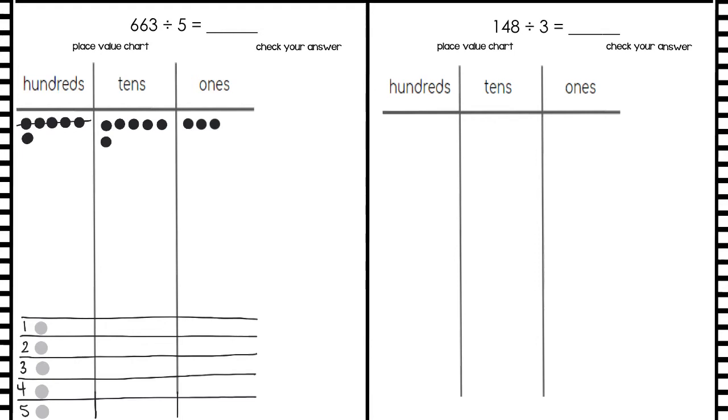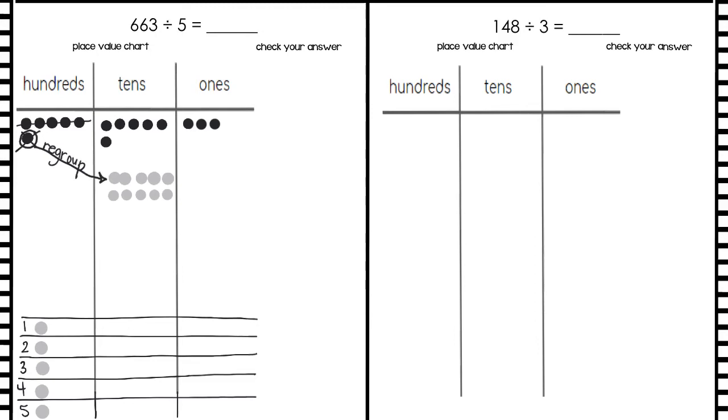And we have 100 left. In order to put this into 5 groups, we must regroup it into the tens. 10, 20, 30, 40, 50, 60, 70, 80, 90, 100. And I have used that 100.